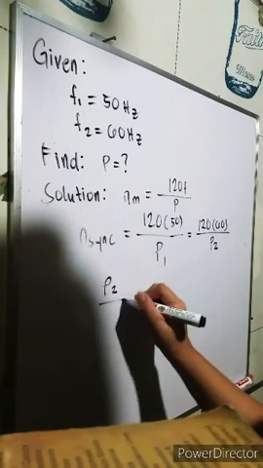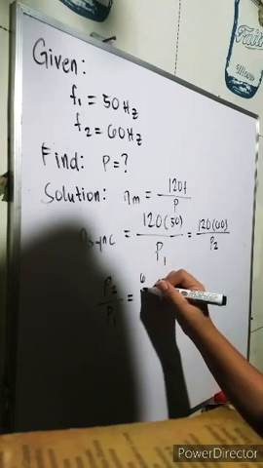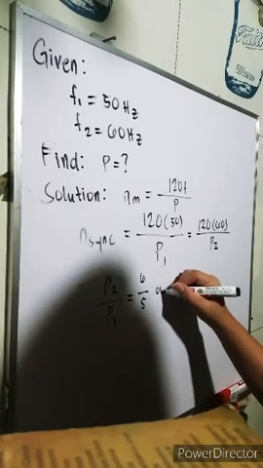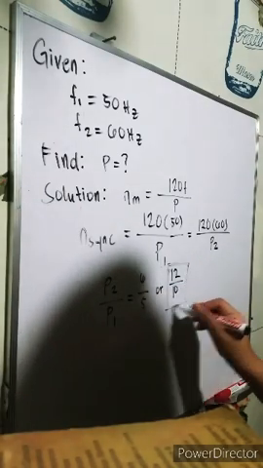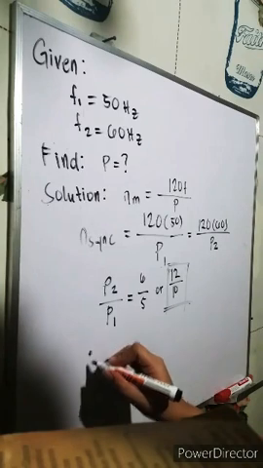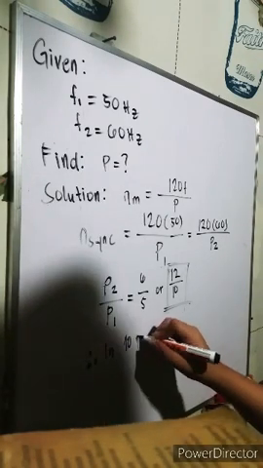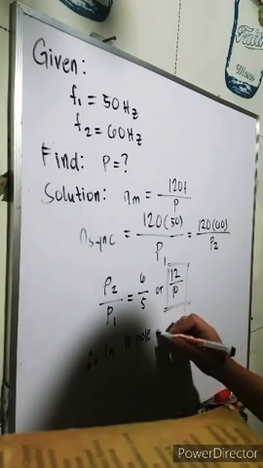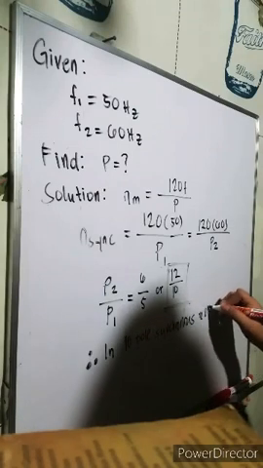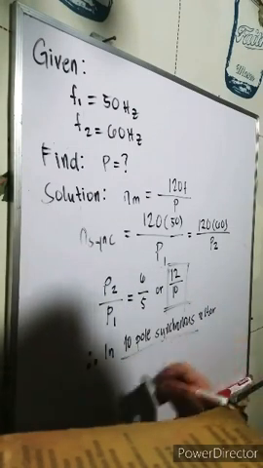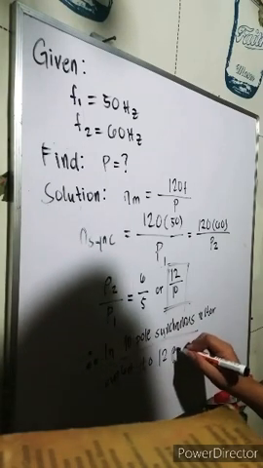To make a 50 Hz and a 60 Hz machine have the same mechanical speed so that they can be coupled together, we see that n_sync = 120 times 50 Hz over P1 equals 120 times 60 Hz over P2. So P2 over P1 equals 6 over 5, or 12 over 10.